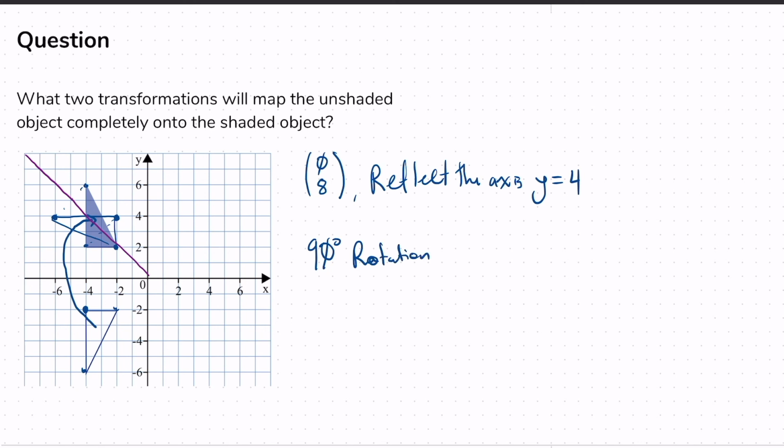And our second transformation, combining these transformations, is reflecting through y equals minus x. 6 here, minus 6. 2 here, minus 2. And this will reflect the unshaded object completely onto the shaded object.